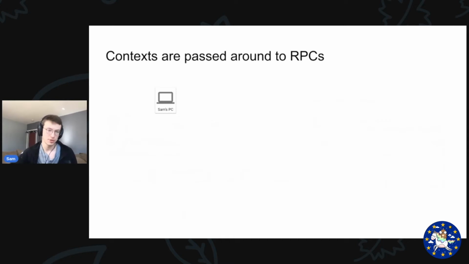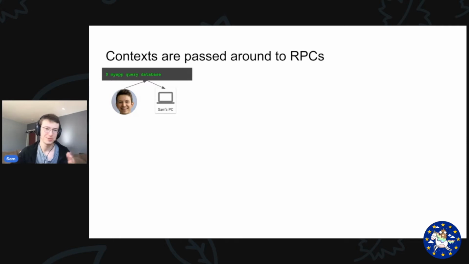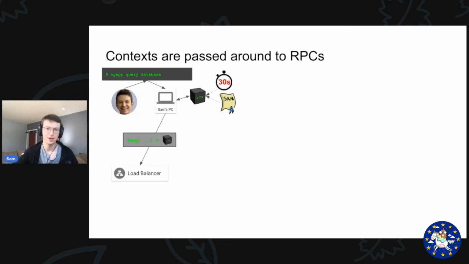So let's look at a quick toy example of how and why contexts are passed around. We've got my laptop, Sam's PC. I come over to it and I say, hey, my app, which is a pretend app, I'm going to query the database. On my PC, before it sends this query over the wire to the full network stack, it first creates a context object, maybe puts in a 30-second timeout and some local credentials to validate who I am, and then ships that request along with the context object onto the wire.